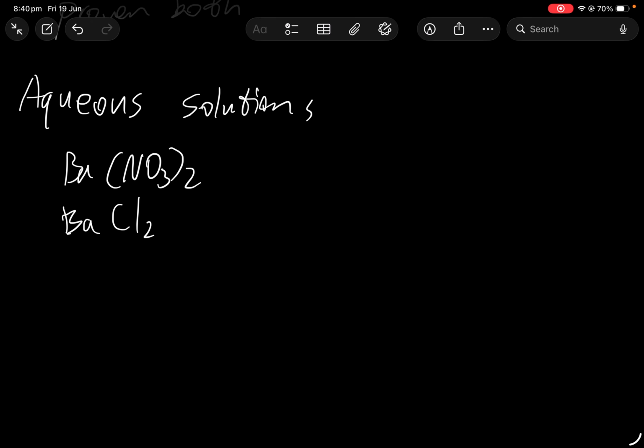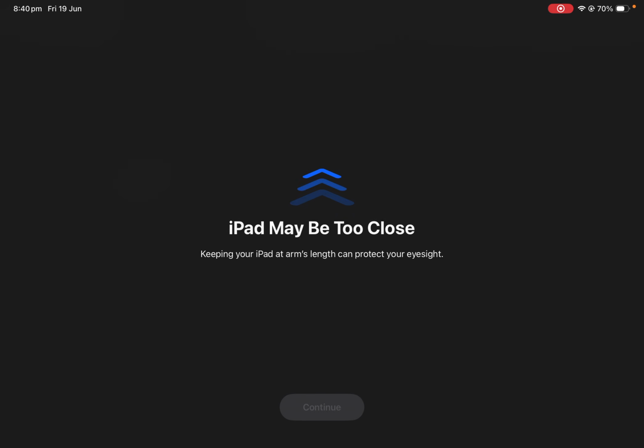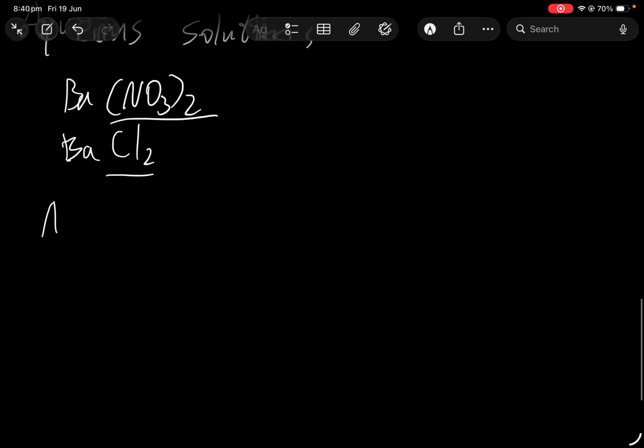So we're going to add something that creates a precipitate with one of the ions. Not the ions, one of the non-metals. Nitrates, nothing is insoluble. Chloride, there's silver. So we can add Ag.